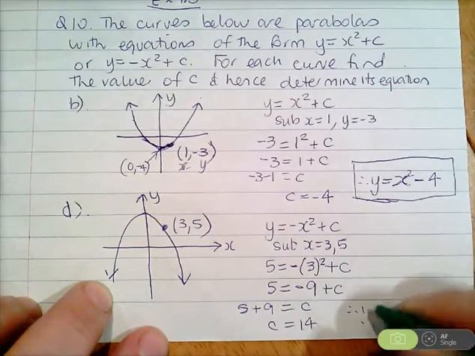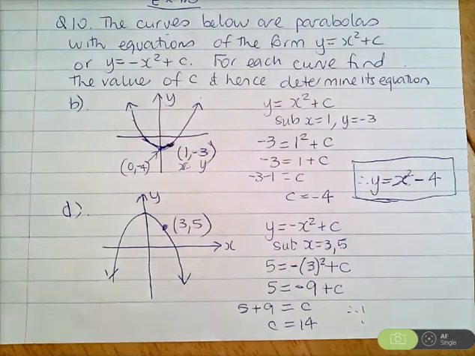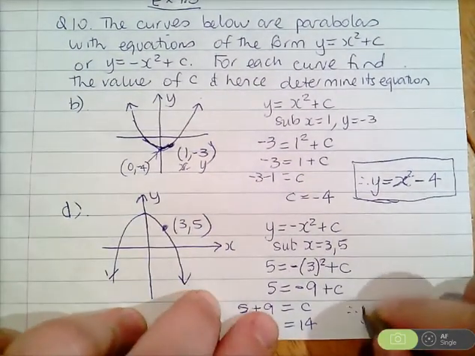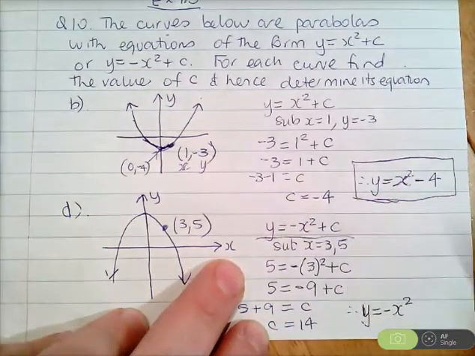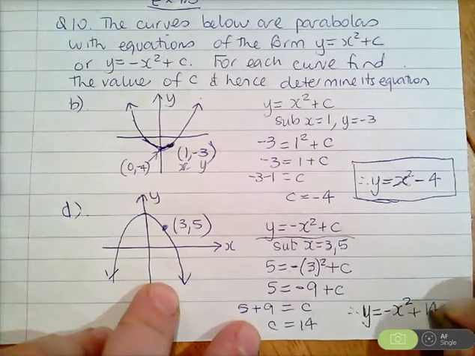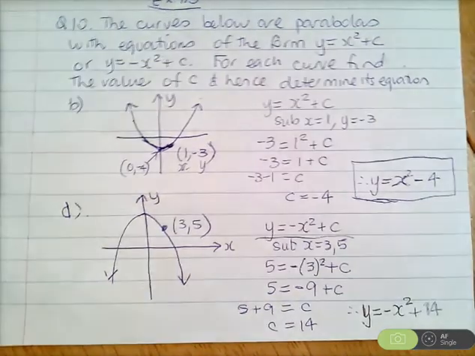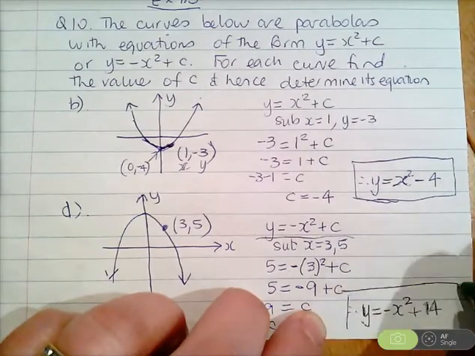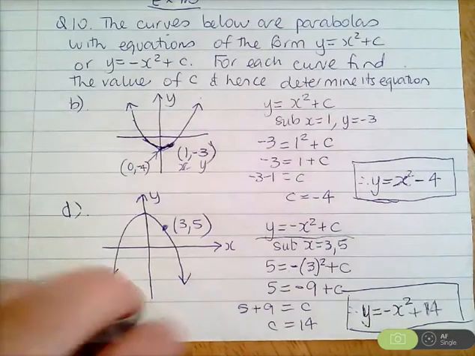So therefore the equation will be y equals negative x squared, because this is the type, negative x squared, and it's been shifted plus up 14 units. So it's y equals negative x squared plus 14. Okay, so that's that answer, because we got that c was 14.